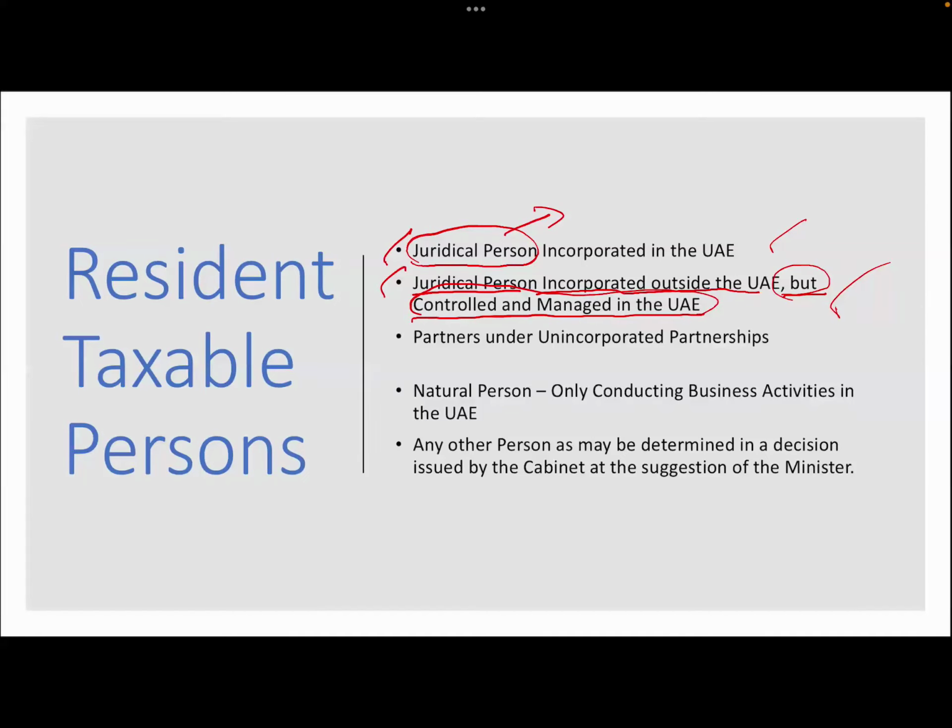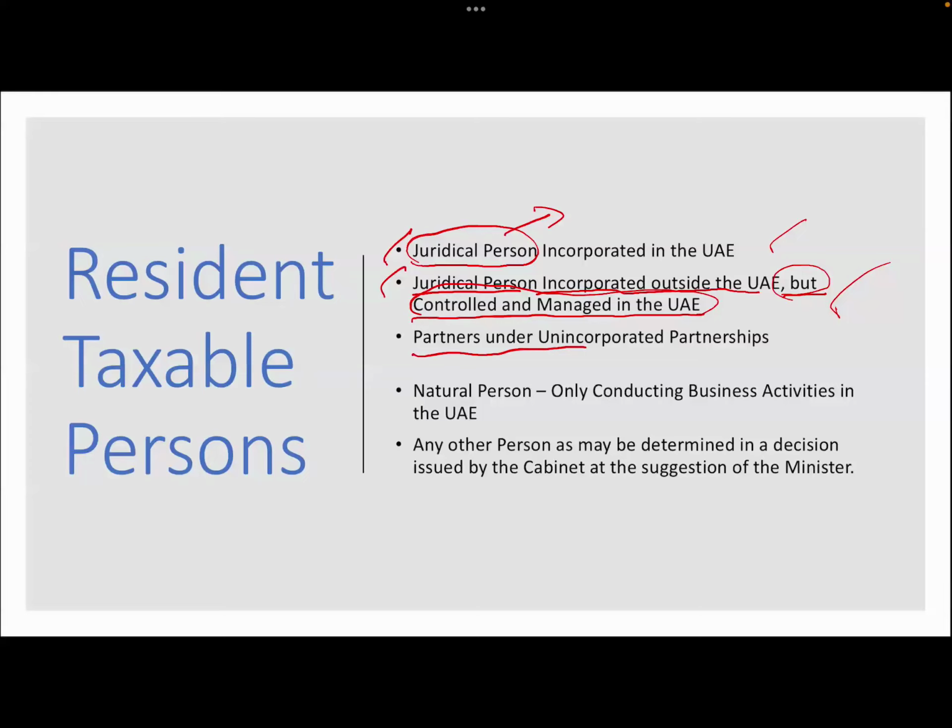We will speak about this in the upcoming slides. But for now, remember the companies which are incorporated outside the UAE but controlled and managed in the UAE are also taxed in the UAE.